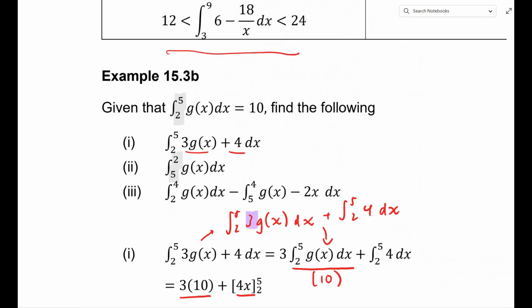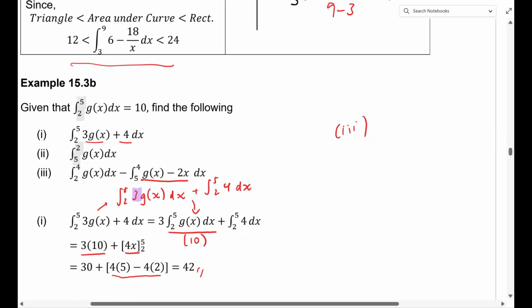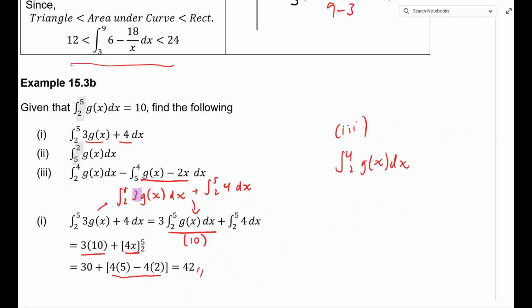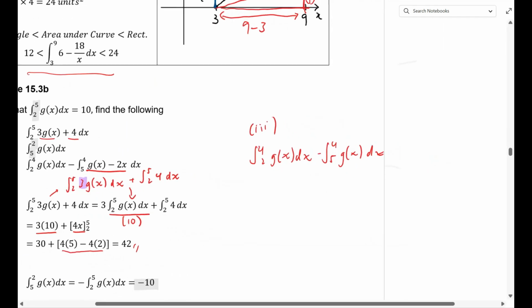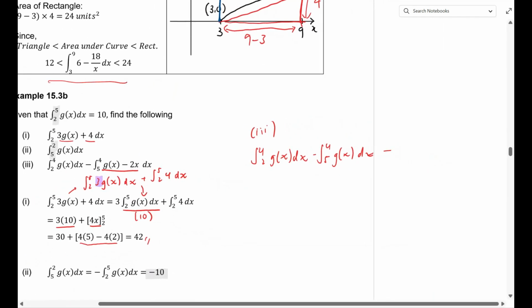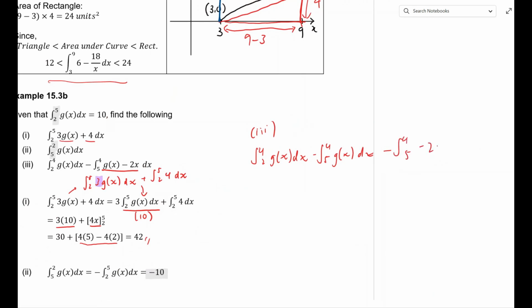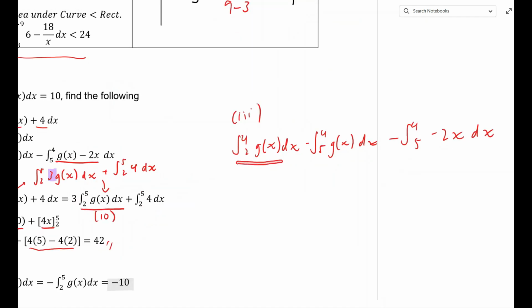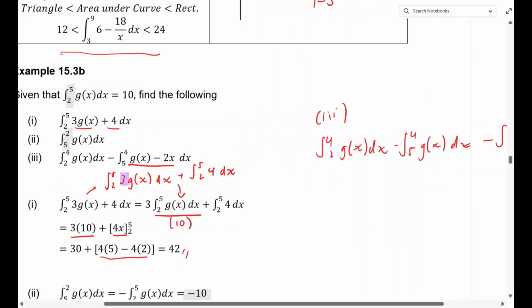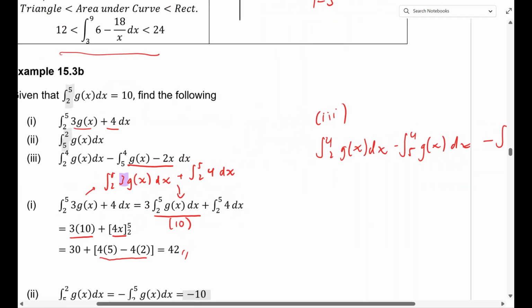Part 3, first thing we'll note is that we can split this definite integral up. Remember that the negative sign in front applies to both. Looking at the first two terms, you'll notice that we have the limits that we are focusing on from the question, so 2 and 5.